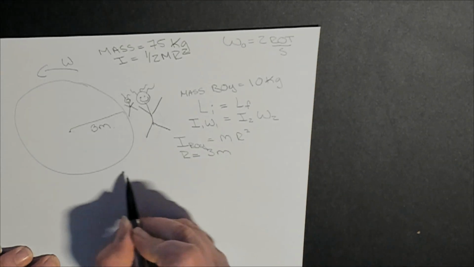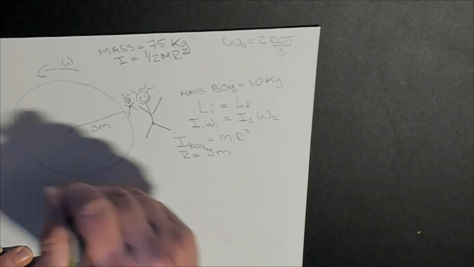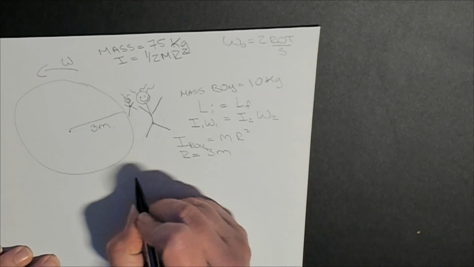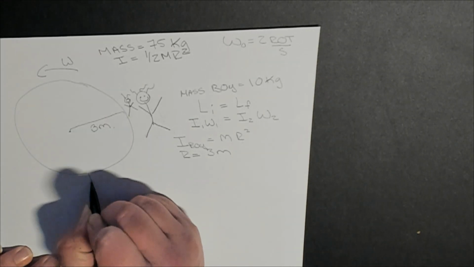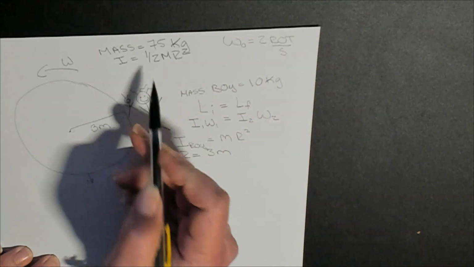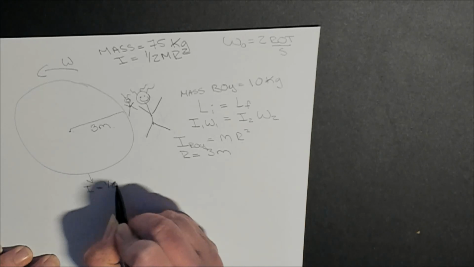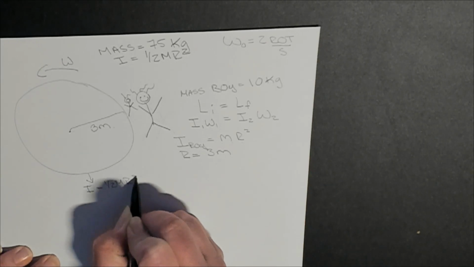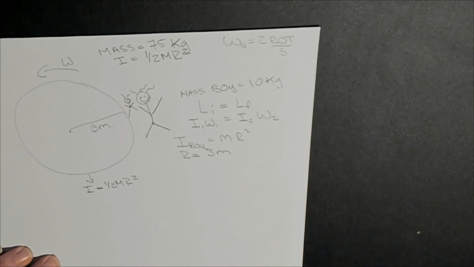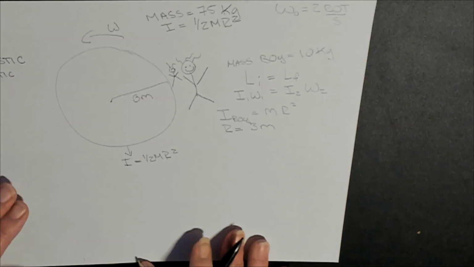And now for the merry-go-round, this one has an I I wrote up top of 1/2, so its I is 1/2 mr squared. And I gave its mass and everything there. So let's see how this looks.